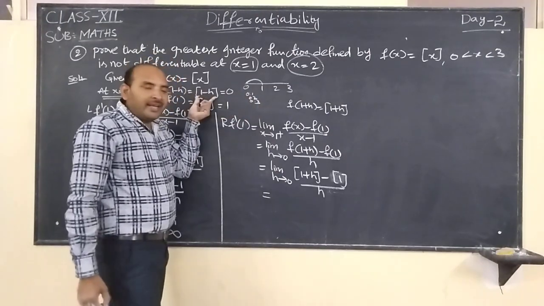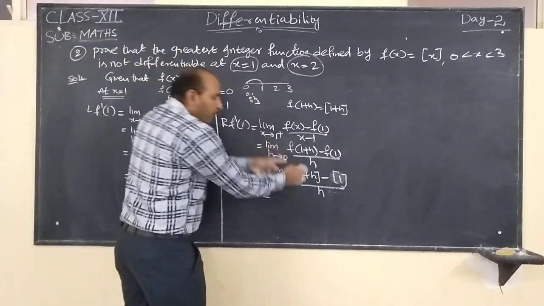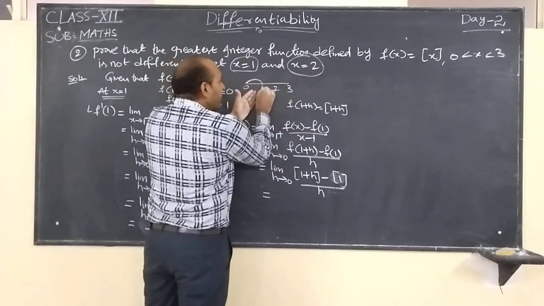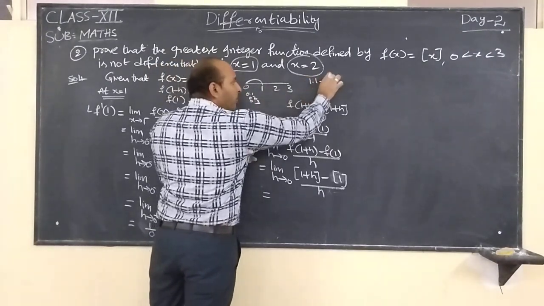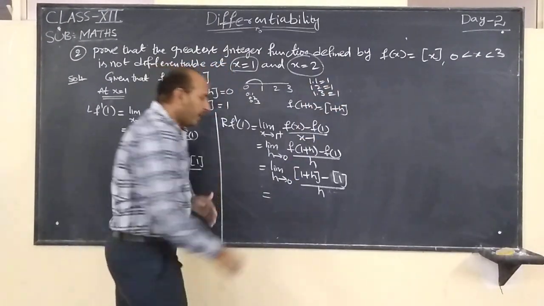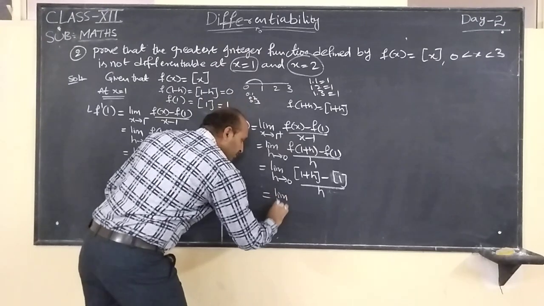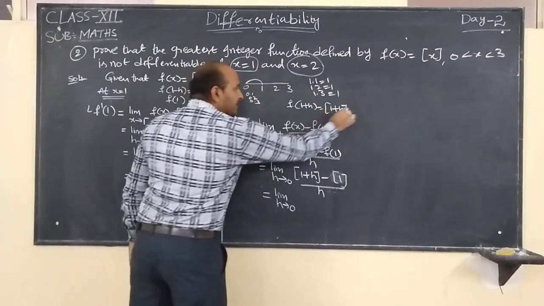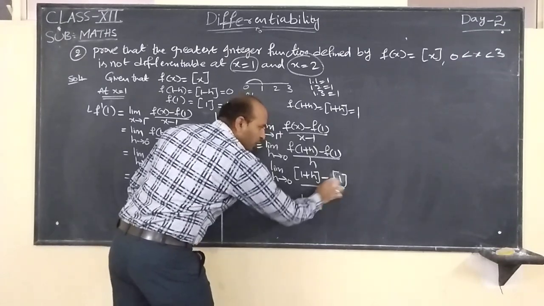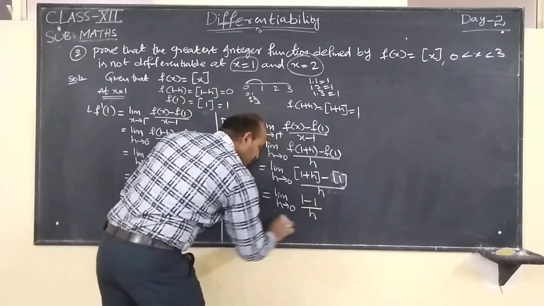when [1 − h] value becomes 0, I want [1 + h], that means greater than 1, that means 1.1 also 1, 1.2 also 1, 1.3 also 1. We can write as the limit as h tends to 0, [1 + h] value also 1, so 1 − [1] also 1, so that is h.